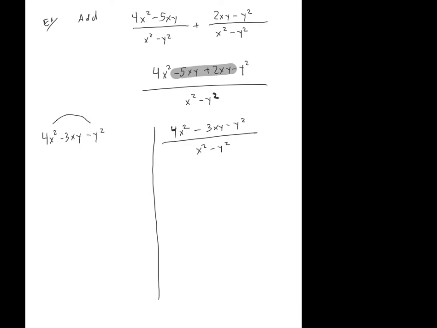And I think we can, because that's a product of 4 times negative 1, which is negative 4. Is there a product of negative 4 that gives us negative 3? I think there is, right? Negative 4 and 1.